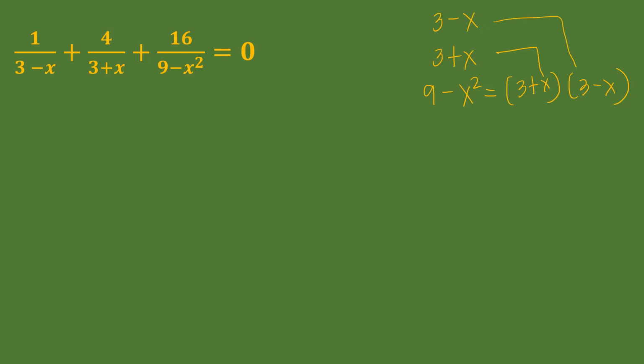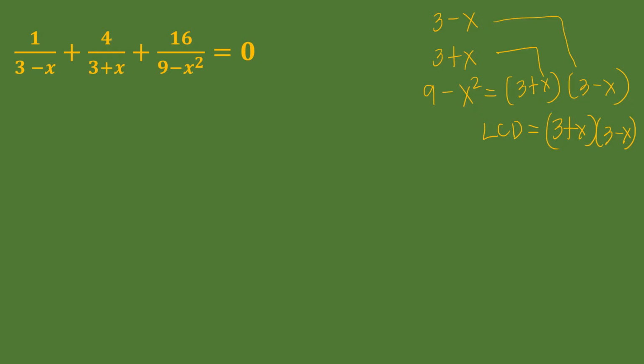So therefore, the LCD of this given set of denominators is simply 3 plus x times 3 minus x, and we will be using that identified least common denominator.